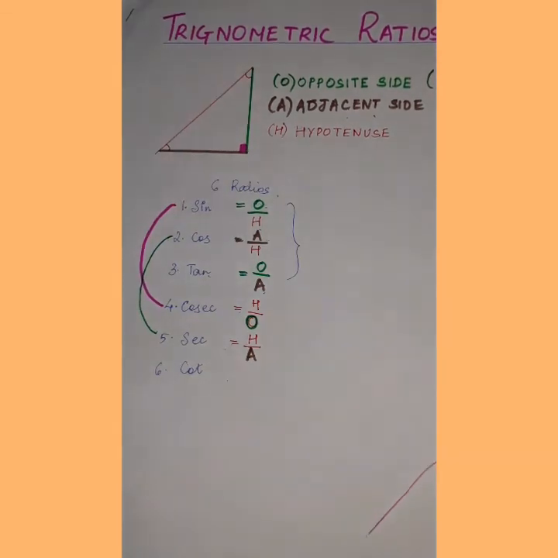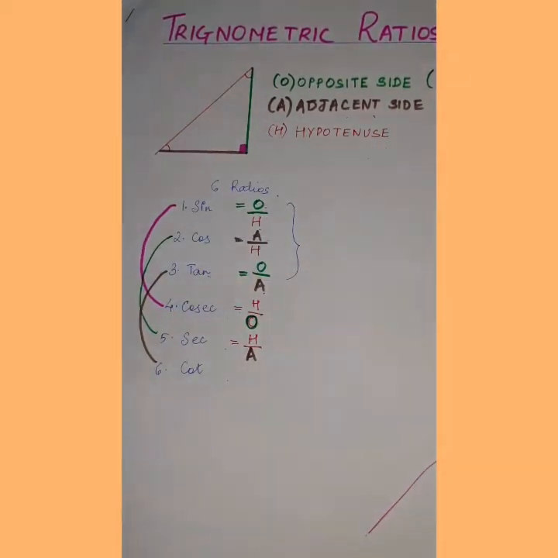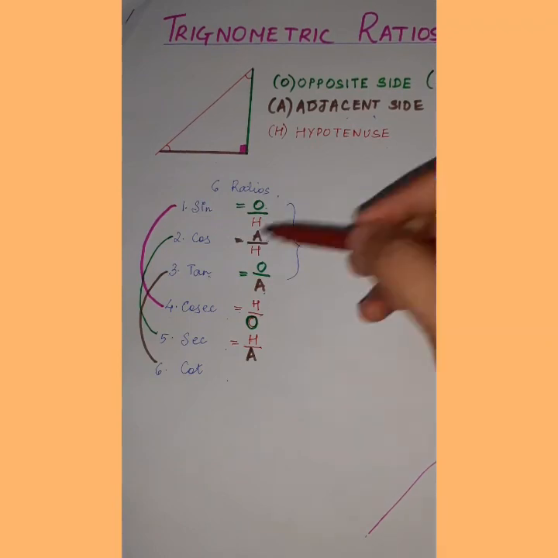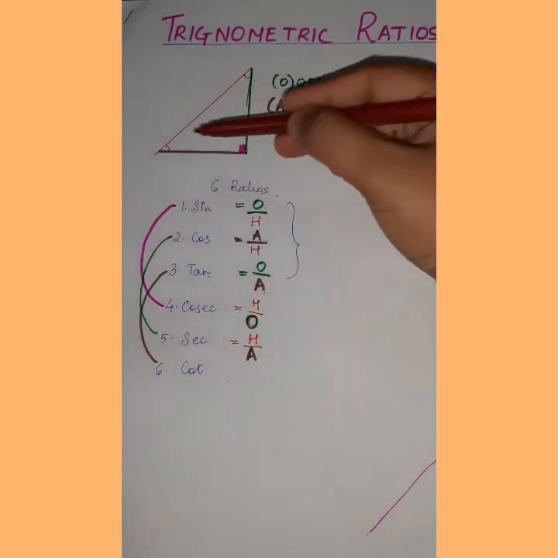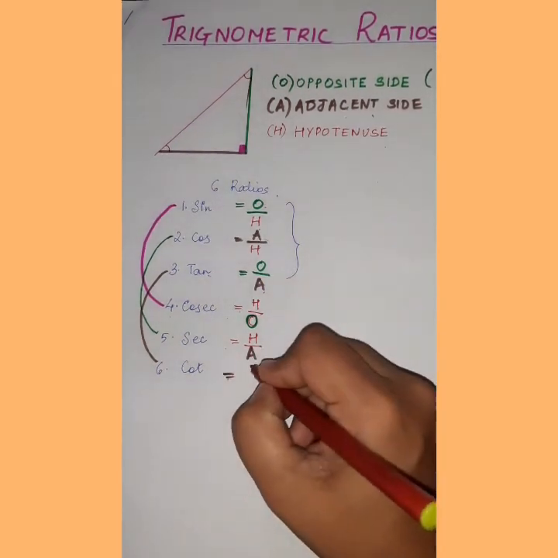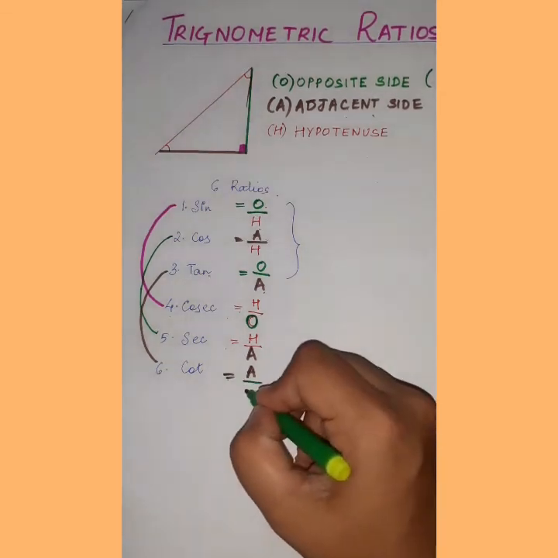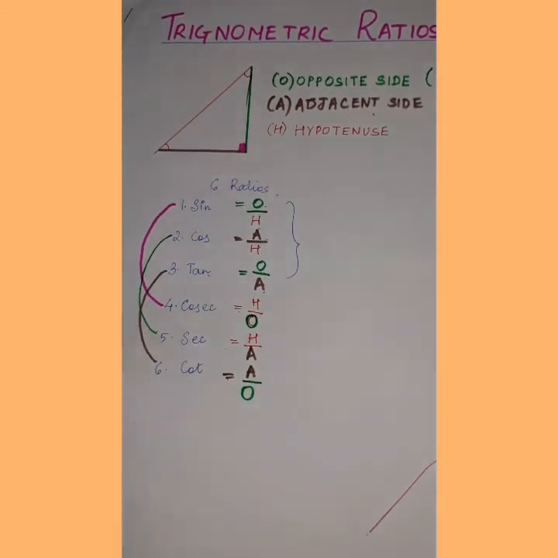And the remaining one, cot, is the reciprocal of the tan ratio. Tan is opposite upon adjacent, so cot will be adjacent upon opposite. So these are the 6 important trigonometric ratios.